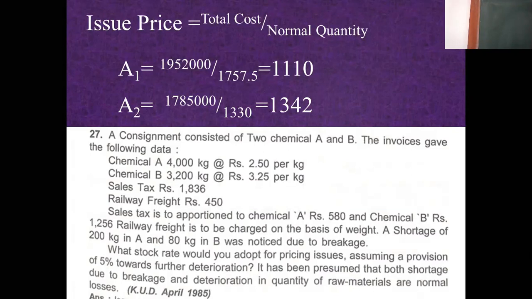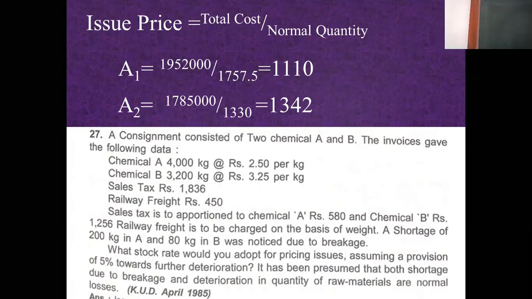What stock rate would you adopt for passing the issue, assuming a provision of 5% for further deterioration? You have to make provision for further deterioration of 5%. Okay. After the purchase, in storage, there is a 5% deterioration.